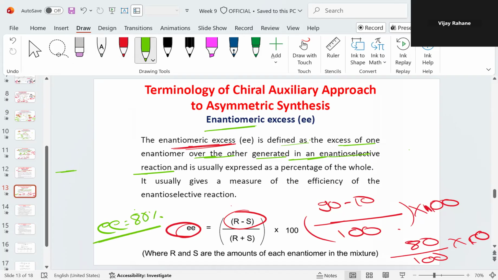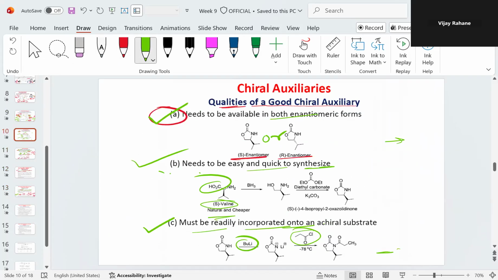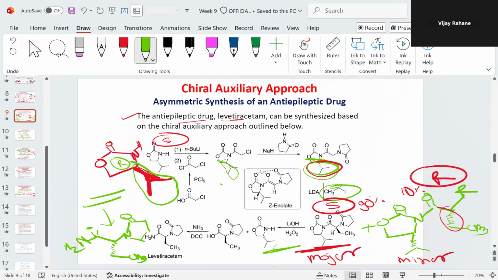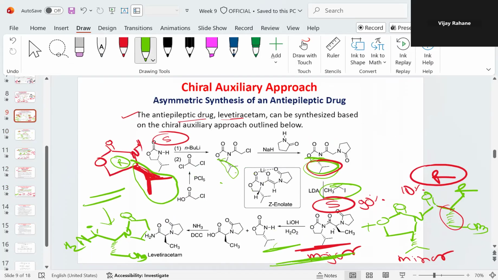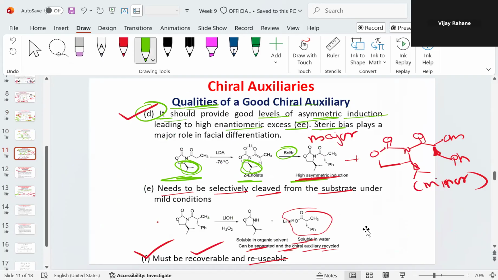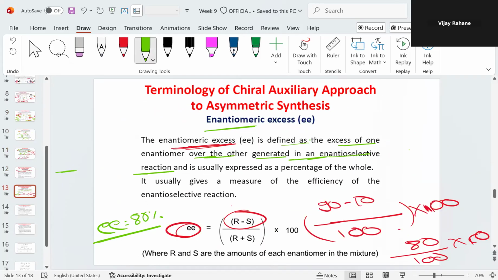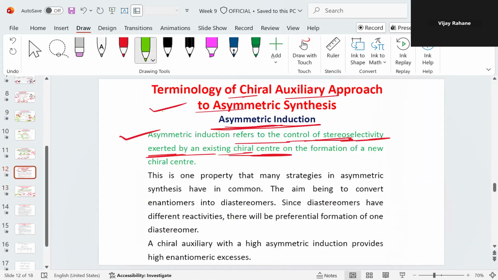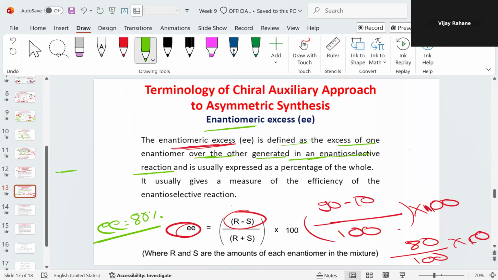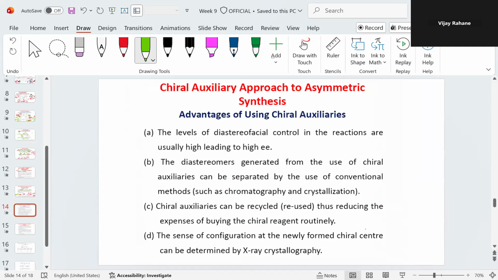Although the formation of the major product is 90%, the enantiomeric excess of this stereoselective reaction was 80%. So this is the enantiomeric excess. We have seen asymmetric induction and enantiomeric excess.